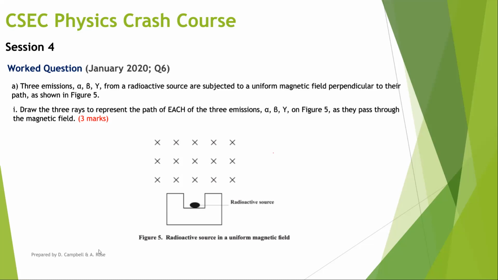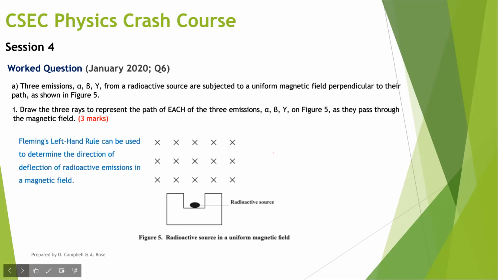So it means therefore that the alpha particles would be deflected to the left. All right. Now, the beta particles are negatively charged, so they will be deflected in the opposite direction to the alpha particles. So they would be deflected to the right.